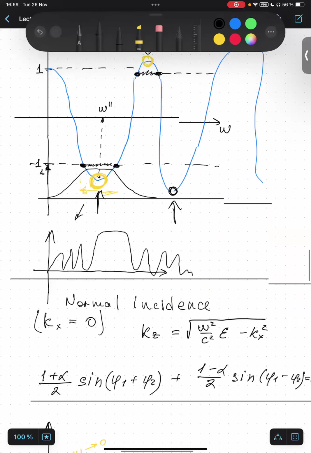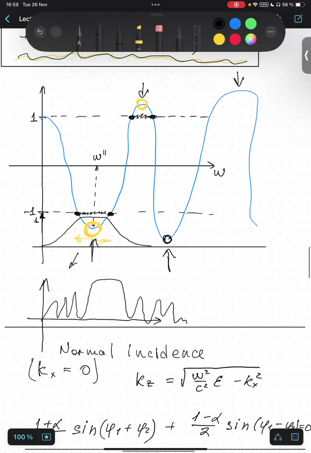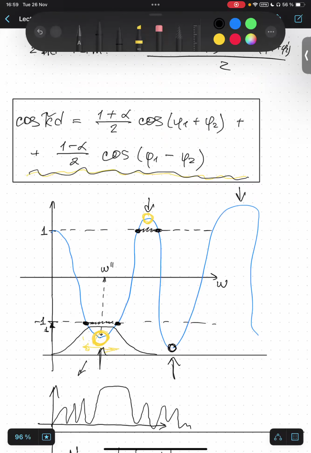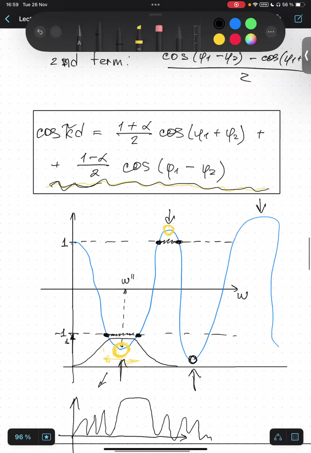So to analyze it, we just take the derivative of this expression. Derivative by k? Yes, sure. Just to find asymptotics.